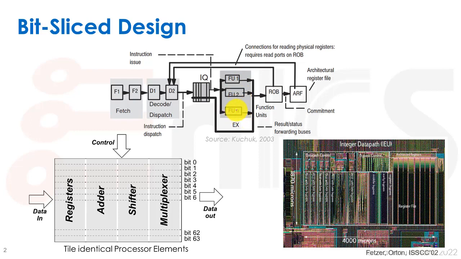So what we should do is take the layout into consideration, and it's really nice if we look at this bit slice approach. We have our registers, and we set up the bits of our registers: bit 0, 1, etc., until we get to bit n, could be 64 bits or something like that.